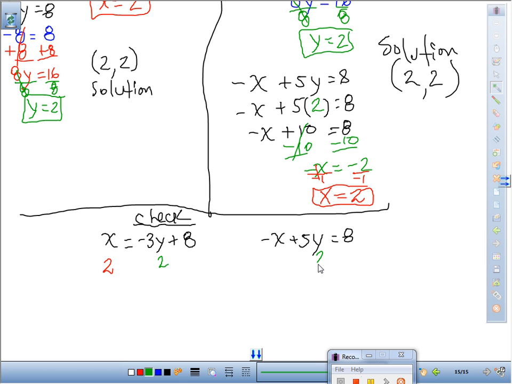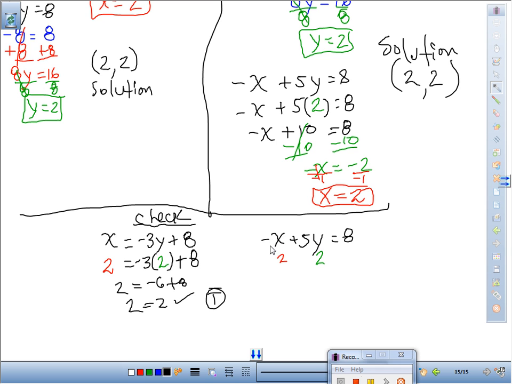I bring everything else down: negative 3 times 2 plus 8. What is negative 3 times 2? Negative 6 plus 8 equals 2. Is 2 equal to 2? Yes, that's true.